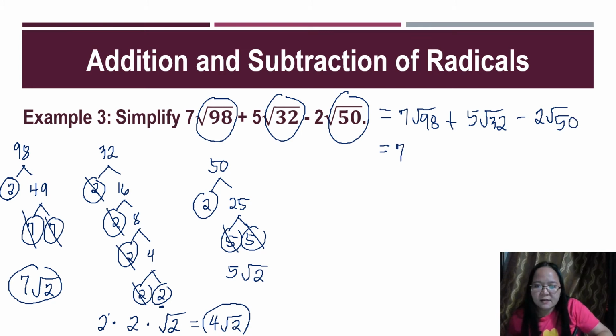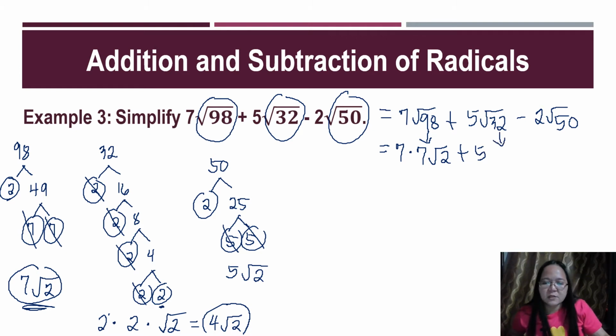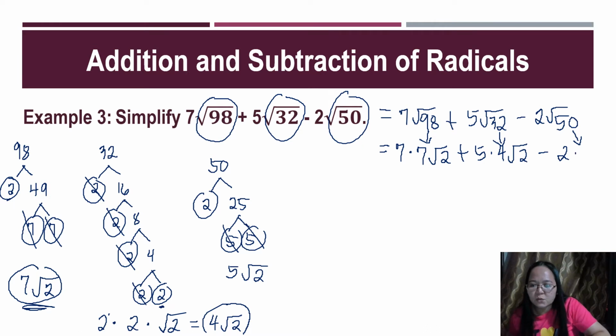So we have 7 times the value, or in simplified form, square root of 98 is 7 square root of 2 plus 5 times the value, or in simplified form, square root of 32 is 4 square root of 2 minus 2 times square root of 50 is 5 square root of 2.